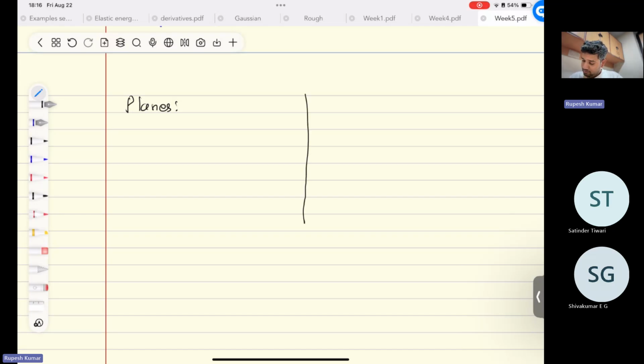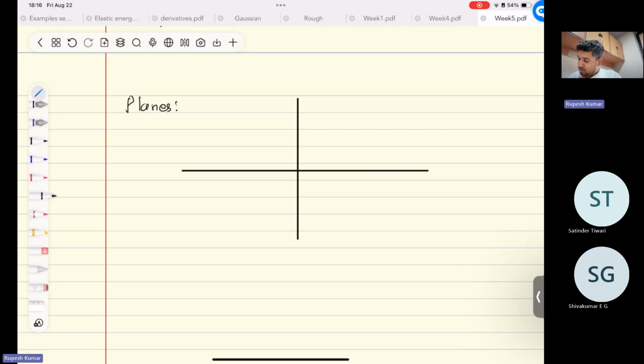For example, let's say this is the positive z-axis, this is the positive x-axis, and this is the positive y-axis.